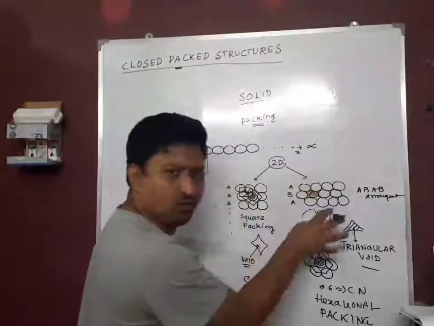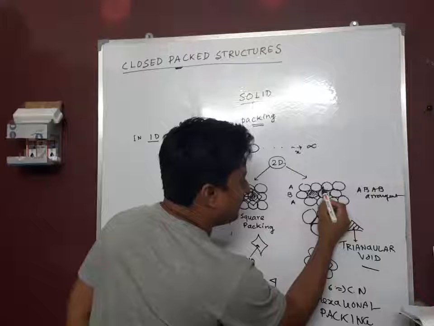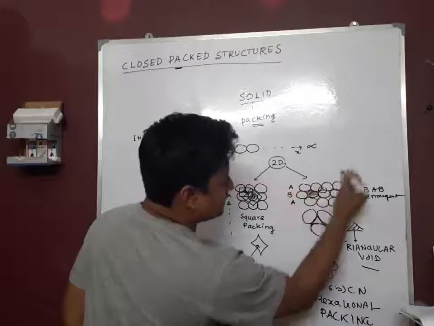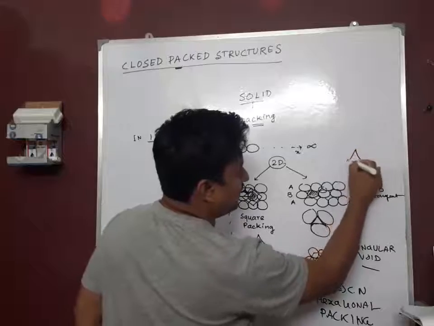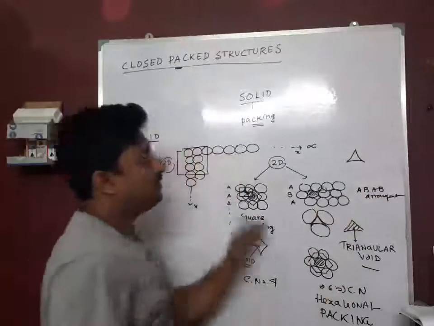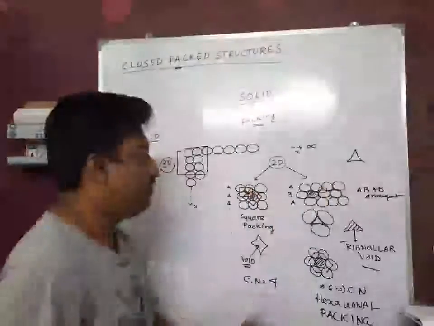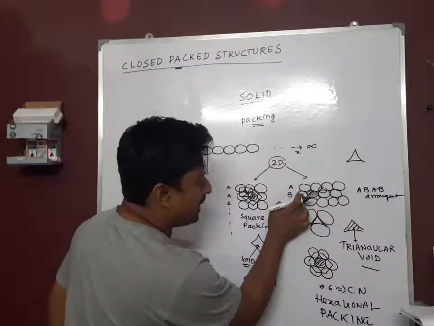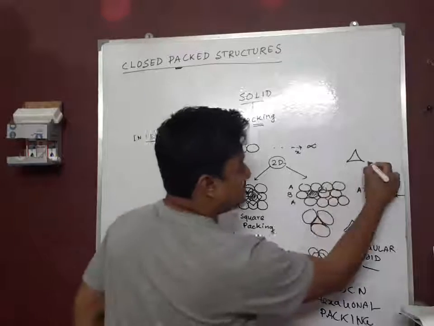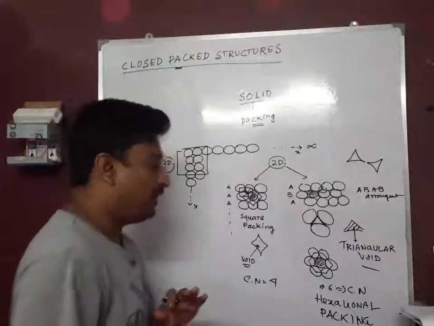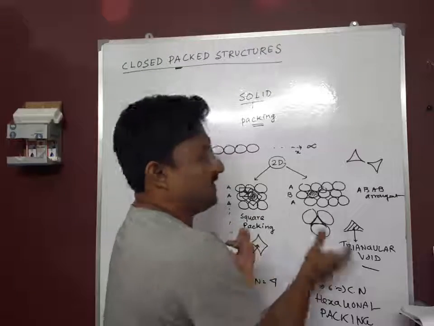Let's take a very close look. What we will find is that the upper layer has an upside directed triangular void, whereas the lower layer with the upper layer has a downside directed triangular void. So it contains a triangular void.